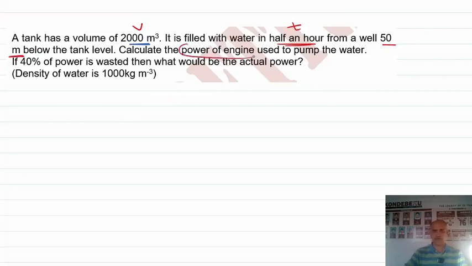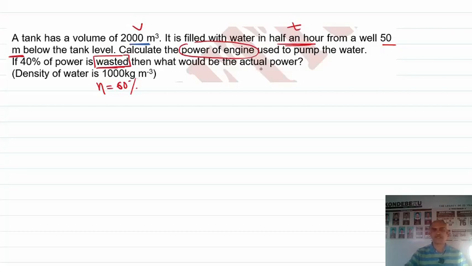Calculate power of engine. Here power of engine he has asked. If 40% of power is wasted, this you should read correctly, wasted. 40% is not efficiency. 40% is wasted, means efficiency is 60%.